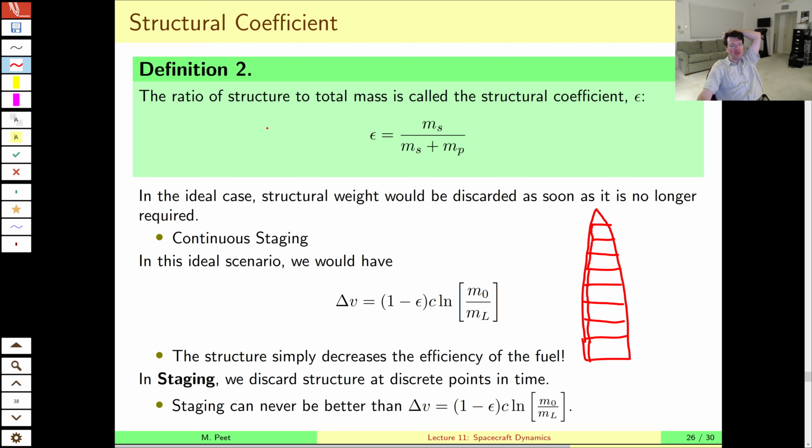And as soon as we use up the delta MP, we also use up the delta MS, right?